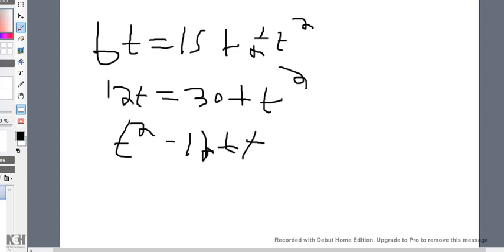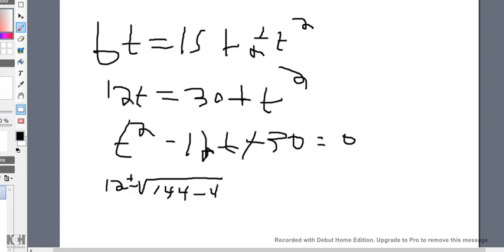Sure be nice if that factored pretty, but it doesn't, because 30 is 15, 2, 6, and 5, and it won't get that 12 for me. Equals 0. So now you have to go use who? The beast. Plus or minus square root of 12 squared, which is what? 144. I know, son. I tell you always to plug it in, but you know, I'm going to go ahead and just do it right here.